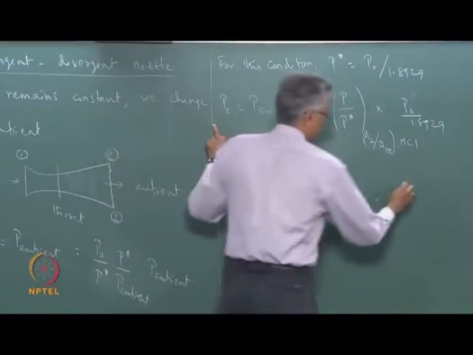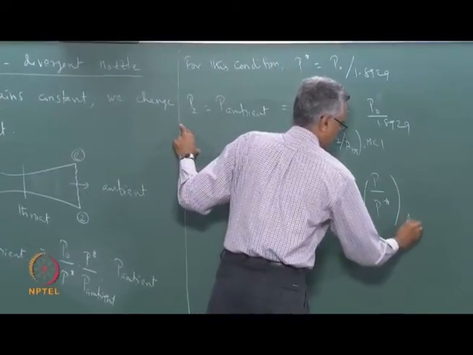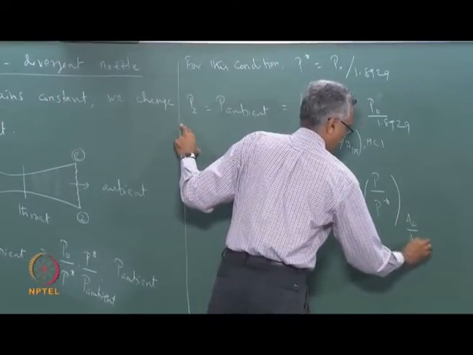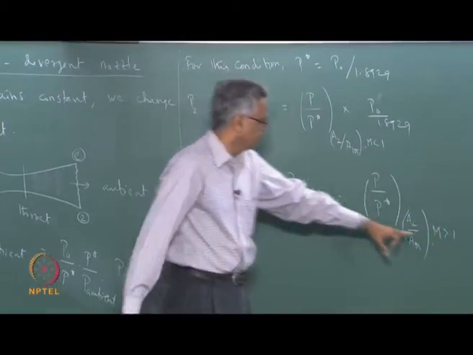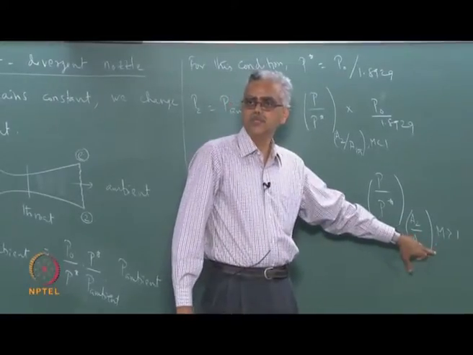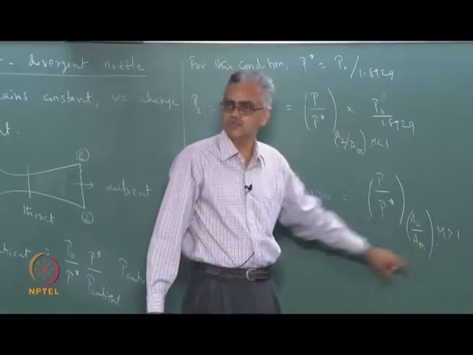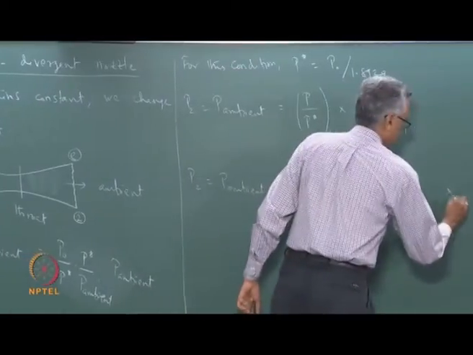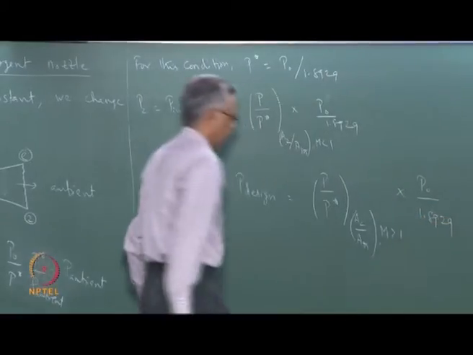It is the same as this, except that we pick up the value corresponding to this A over A star, we pick up the supersonic value from the table. Here we picked up the subsonic value, here we pick up the supersonic value from the table, times P0 divided by 1.8929.